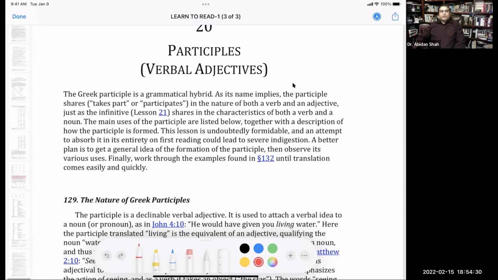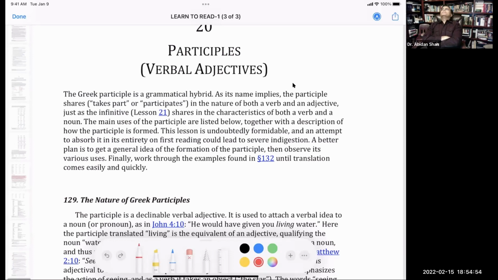And so also the infinitive, we're going to see that in a minute. Infinitive is a verbal noun. So participles are verbal adjectives. Adjective is what? A word that describes or enhances the noun.